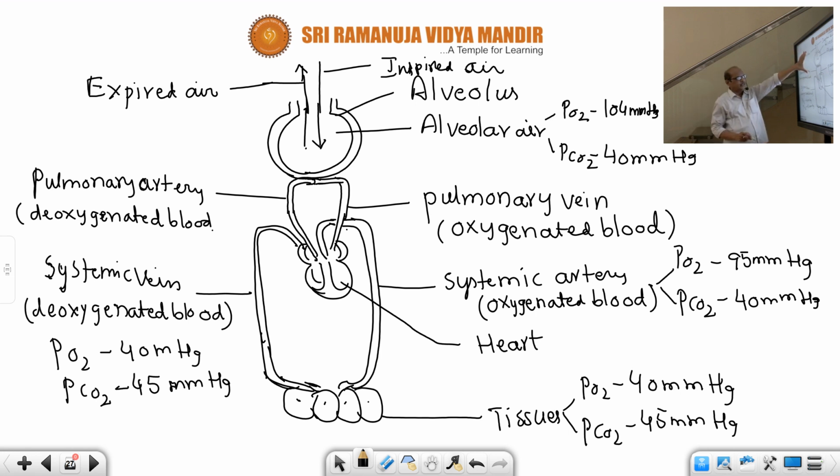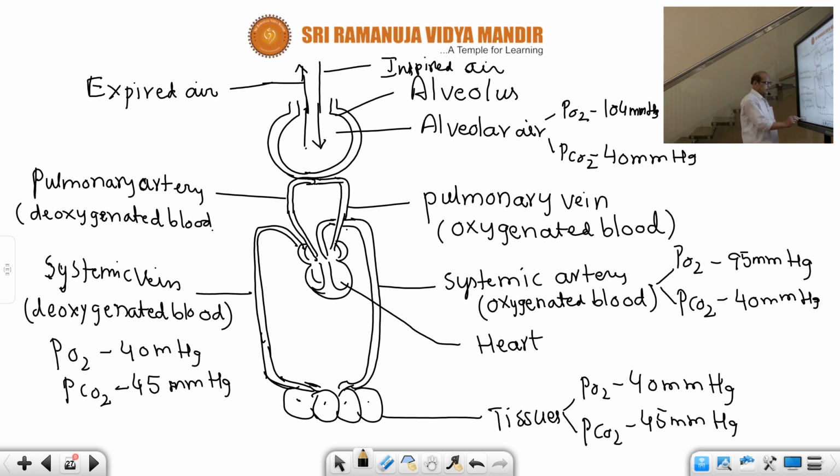This is pulmonary exchange and this is systemic exchange. From this area to this area, systemic exchange. From this area to heart to lungs, pulmonary exchange. Again heart to body parts, systemic exchange. Like that you can write down. Okay.